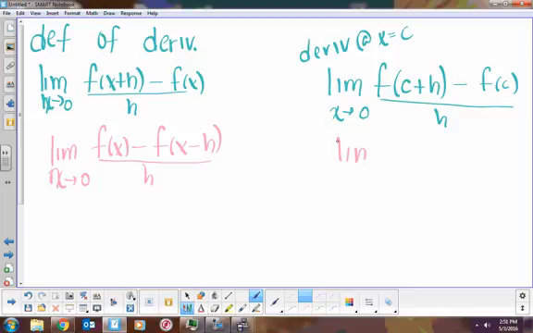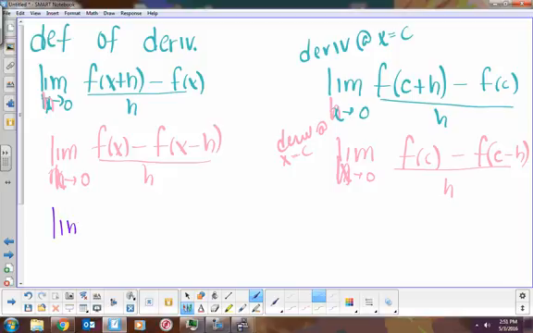This is the same thing as the limit of f of c minus f of c minus h all over h as h approaches 0. I was right the first time, sorry about that, because we want h to get smaller and smaller. So on this one, this again is the derivative at x equals c.